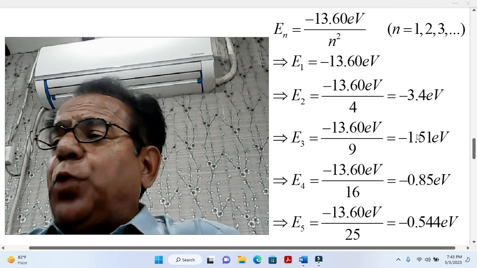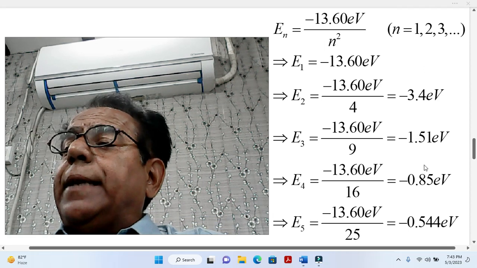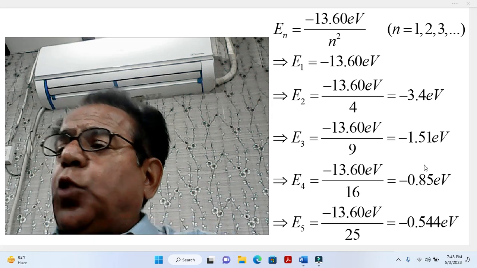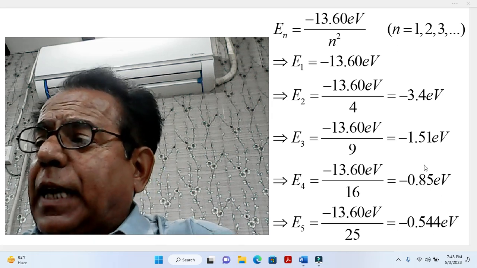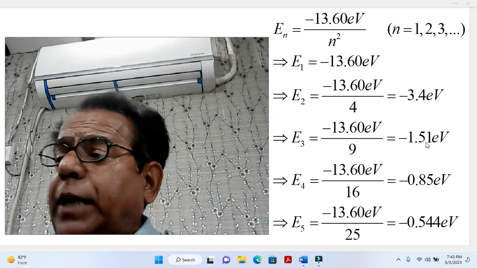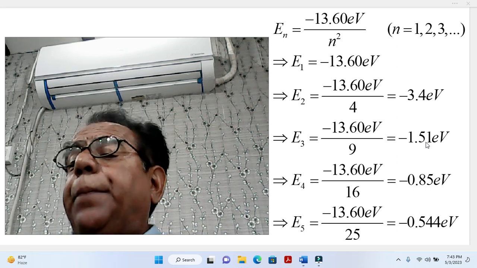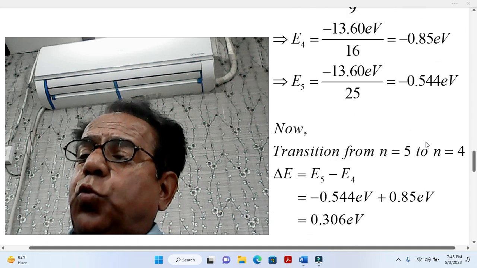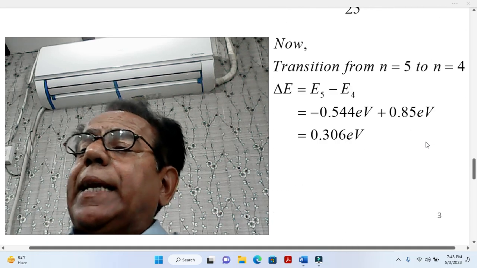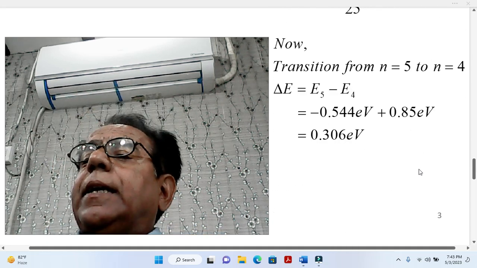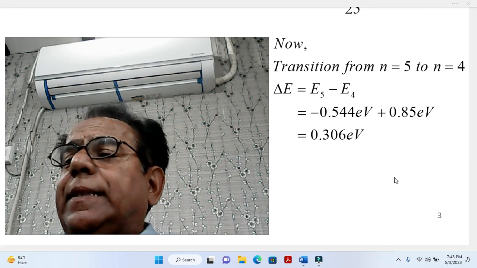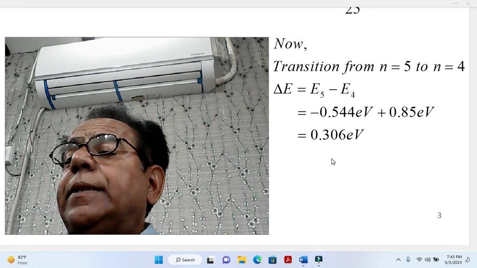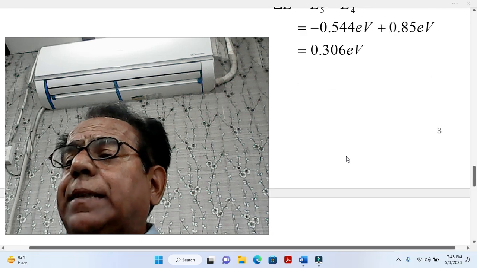Minus 13.60 electron volt, minus 3.4 electron volt, minus 1.51 electron volt, minus 0.85 electron volt, minus 0.544 electron volt. And in case of transitions, the result of the first transition is 0.306 electron volt.